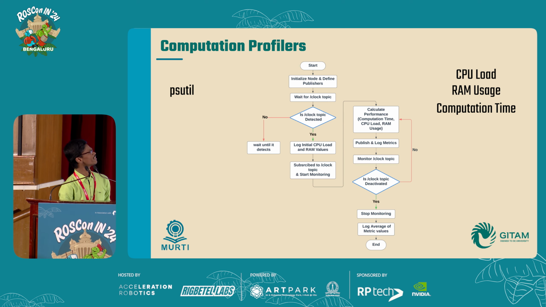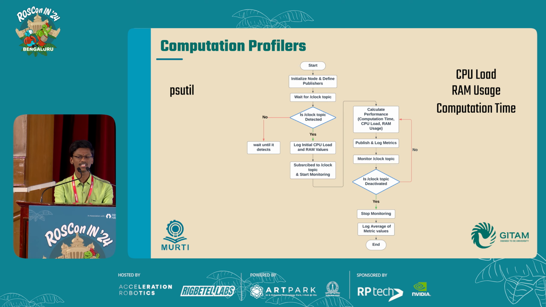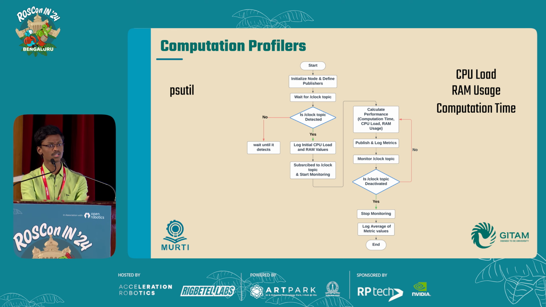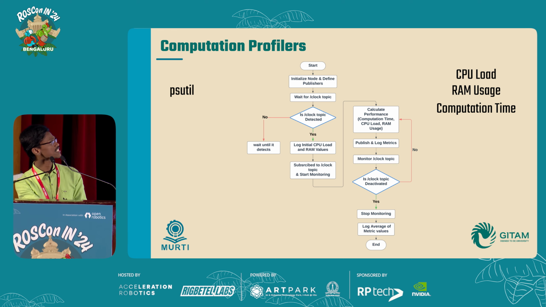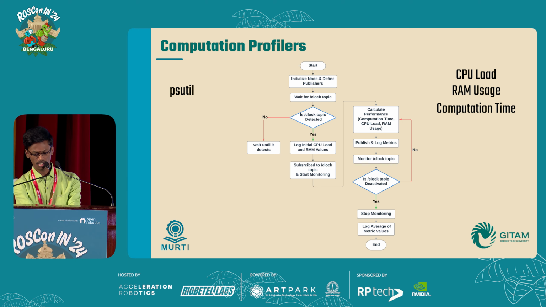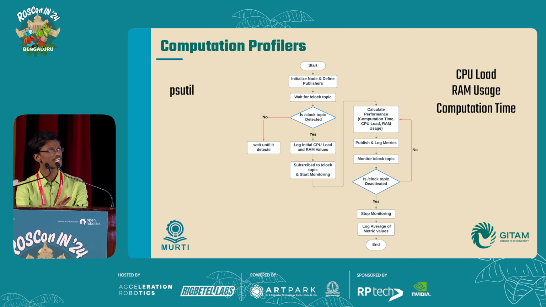For computational time, we leveraged the Python psutil library to get process and system utilization values. When we launch a file, we initially had the idea that we need to get those values, but how?